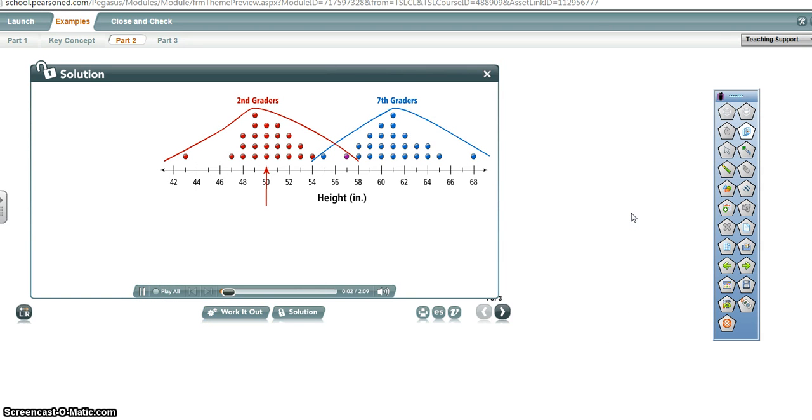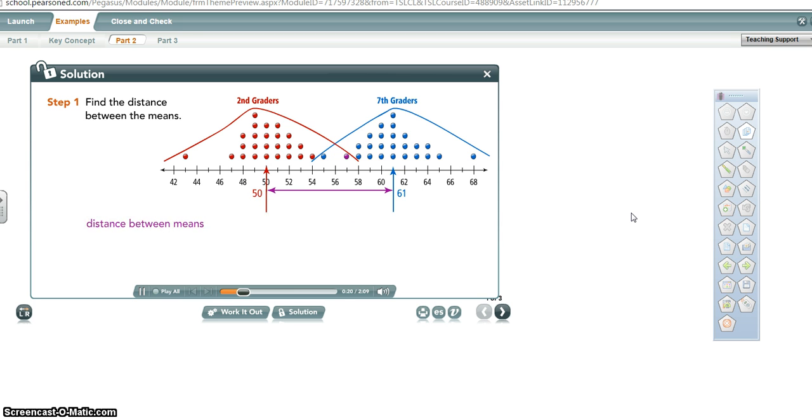The mean of the second grade heights is 50. The mean of the seventh grade heights is 61. Step 1. Find the distance between the means. The distance between means equals mean of seventh graders minus mean of second graders.